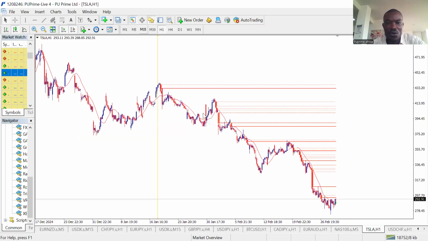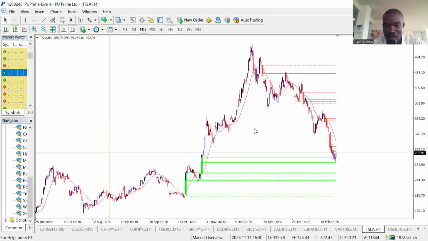I've been looking at Tesla stocks lately. And I would say that currently Tesla stocks might be ripe a little bit for a buy. We could buy the retracement on Tesla stocks up to around 326.70, right?